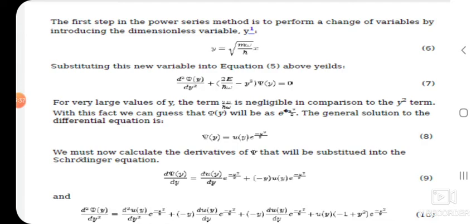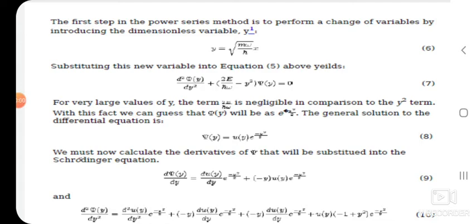With this fact, we can guess that psi of y will be as e to the power of minus y square by 2.